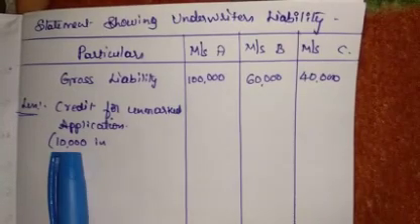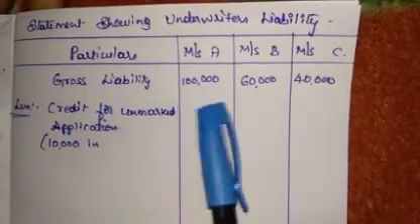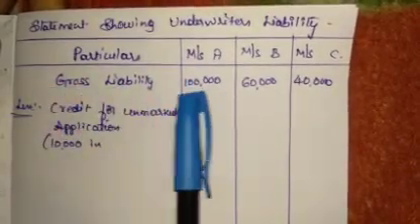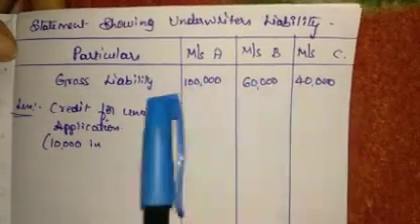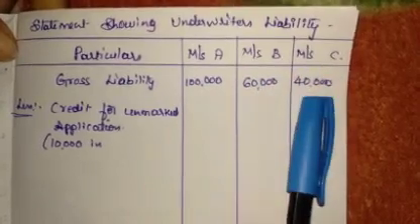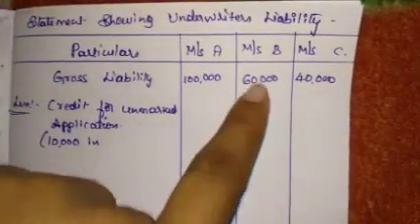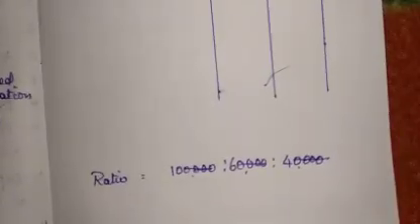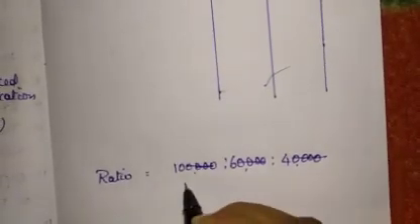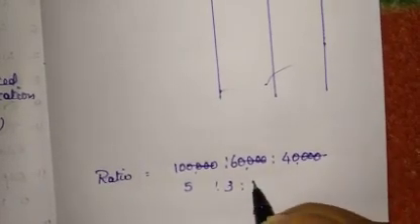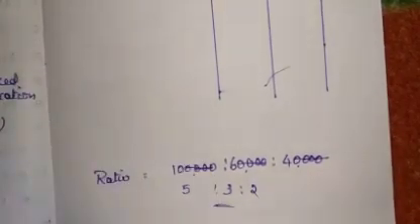So we have to share this in a ratio. Ratio we are going to calculate on the basis of liability of each of the underwriter. So 1,00,000, 60,000 and 40,000 is the liability. On that base we can calculate the ratio. 2 5s are 10, 2 3s are 6, 2 2s are 4. So the ratio is 5:3:2.